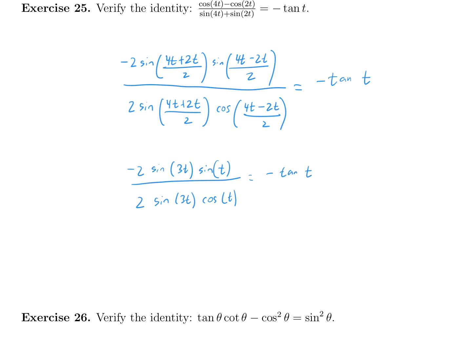As you can see, we have cancellation of the 2's, so you have a negative in the numerator. These cancel out completely, and now we have sine over cosine of t, which is tangent by definition. So now we just have -tan of t equals -tan of t. That completes the verification. Great.